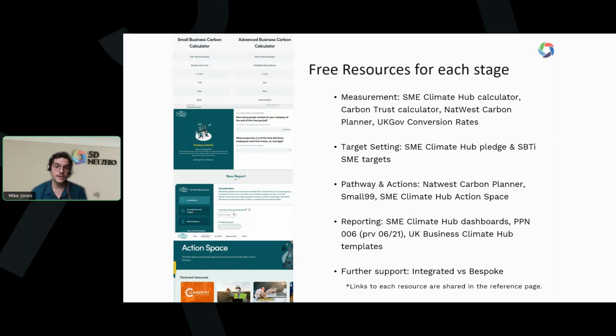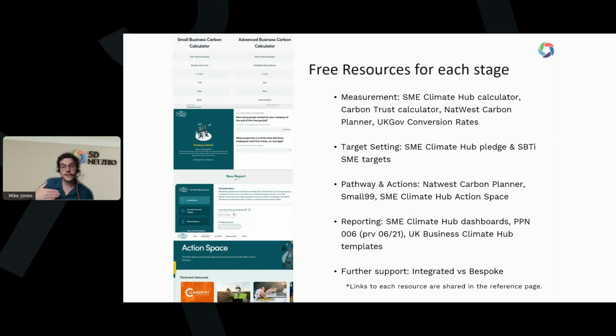So as I've talked about, the SME Climate Hub and NatWest already automate a lot of this, so they give you guidance around target setting. The SME Climate Hub is really aligned to SBTi and the SBTi's bespoke SME target setting, and will really help you do the minimal to meet those, and it will automate that for you as you go through.